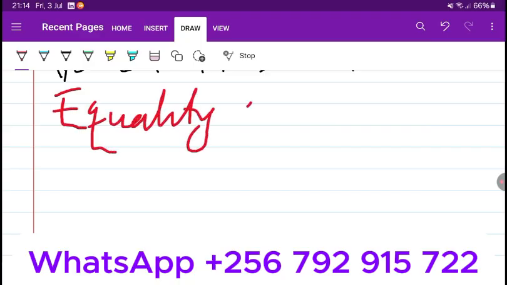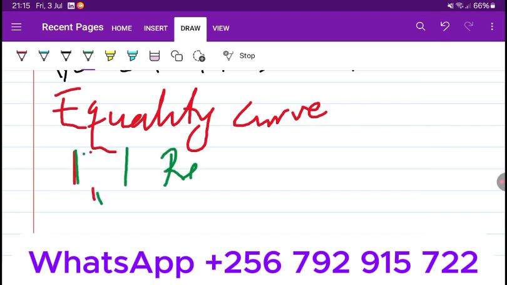This equality curve is just the line that we add to a Lorenz curve so that we can see a one-to-one relationship.